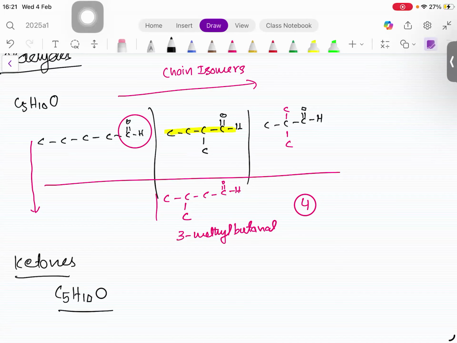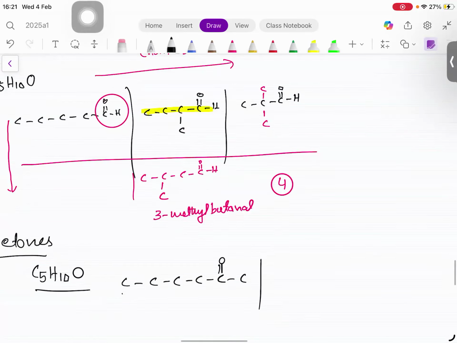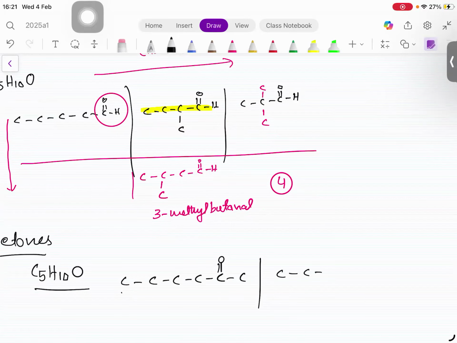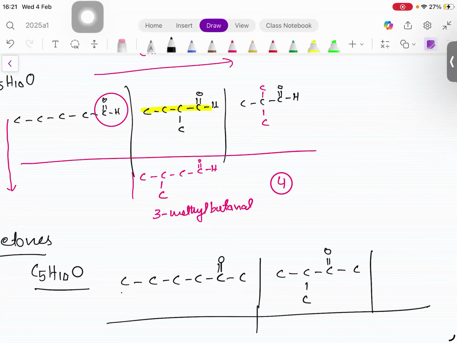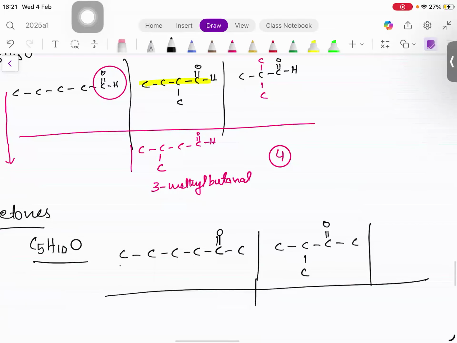Ketones are also variable. The CO is not at the terminal, right? 1, 2, 3, 4, 5, CO is here. Now a chain will be formed. It cannot be shorter than this. Here are the chain isomers.